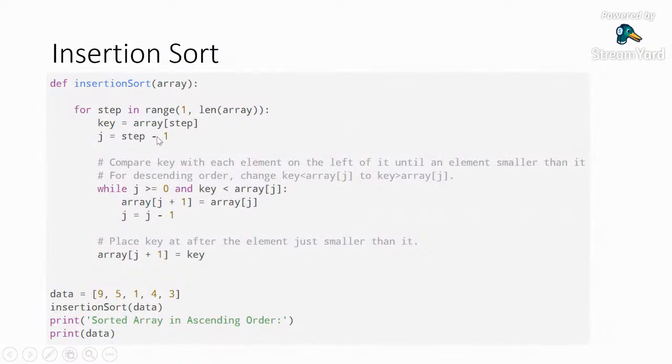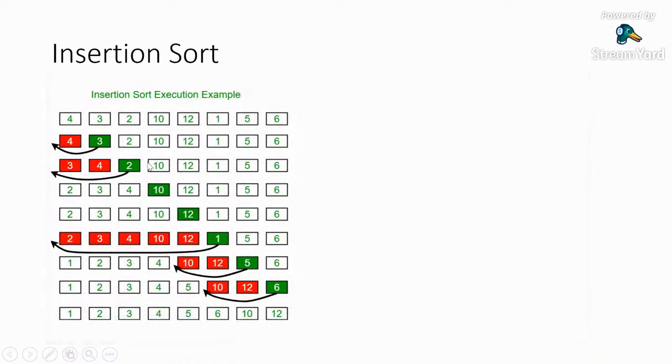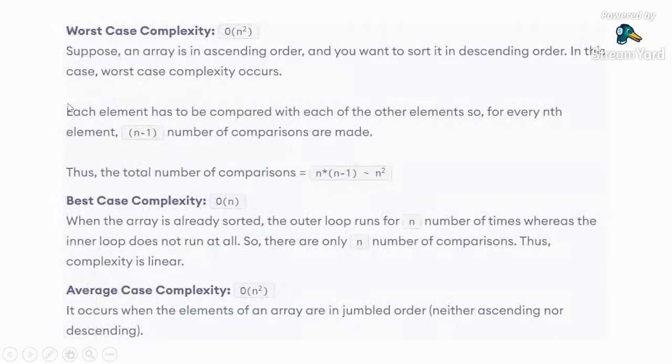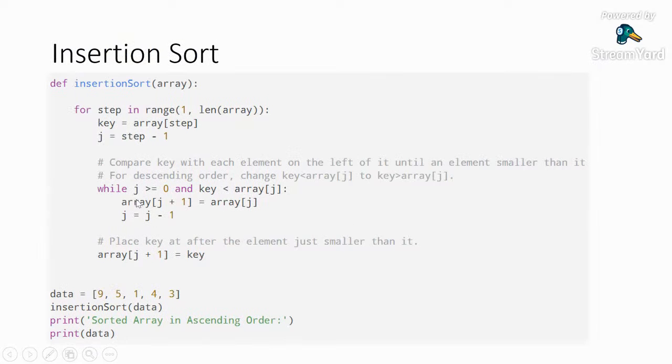And j is equal to step minus 1. What is j? j is the index of this element. The index of this 4 is nothing but 0. Now you check this condition: while j is greater than 0 and key is less than or equal to array of j, we perform the right shift. What do you mean by right shift? a of j plus 1 is equal to array of j, like array of 6 is equal to array of 5.